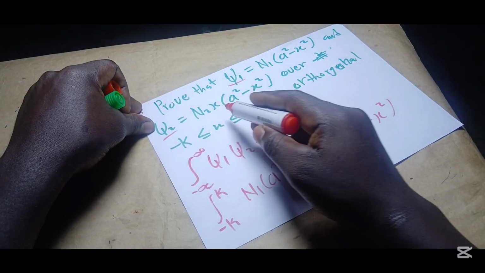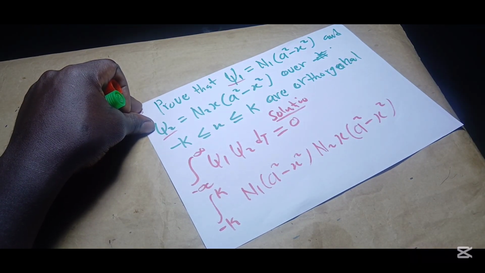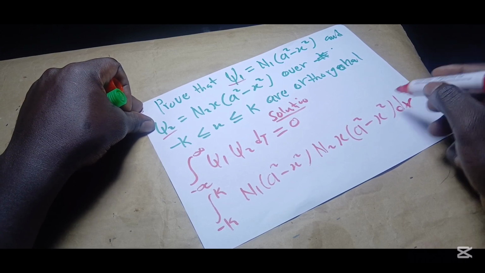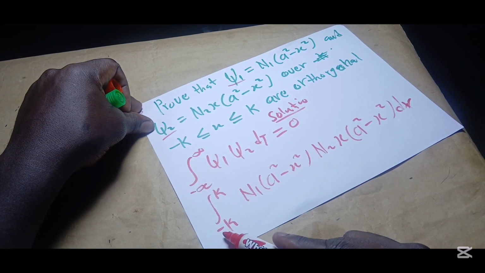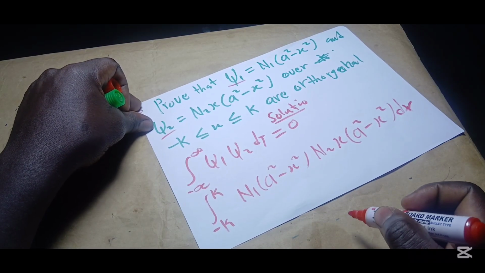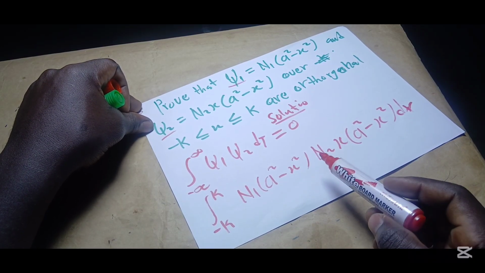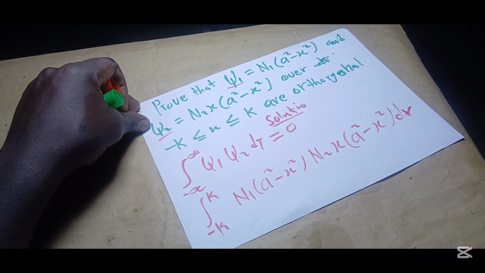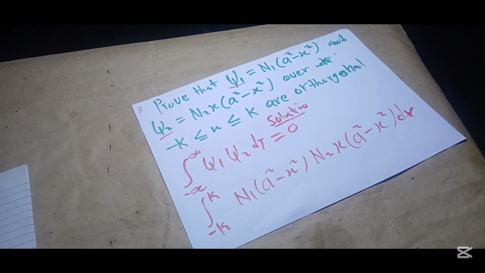Since they are in terms of x, we can bring the x here. So we want to evaluate this and integrate from negative k to positive k. If the result gives us 0, then indeed the wave functions psi 1 and psi 2 are orthogonal to each other within the interval of minus k and positive k.